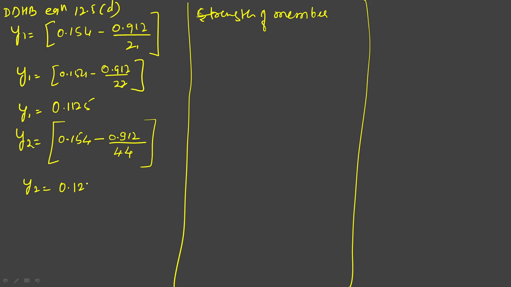Now find out the strength of the members. Sigma d1 into y1: sigma d1 is 200, y1 is 0.1125, this is for the pinion. Next we go for the gear: sigma d2 into y2. How much did you get?